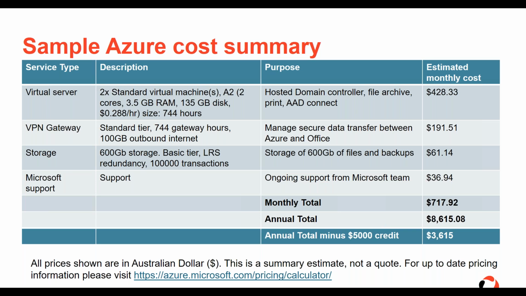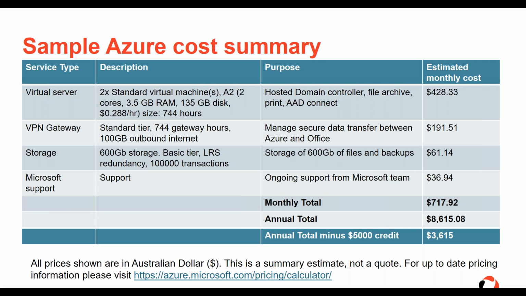You get a quota of 100 gig, and this cost was based on 744 gateway hours in that month. Different months they charge you different things because some months are 28 days, some months are 31 days. So it's basically per hour is the billing.